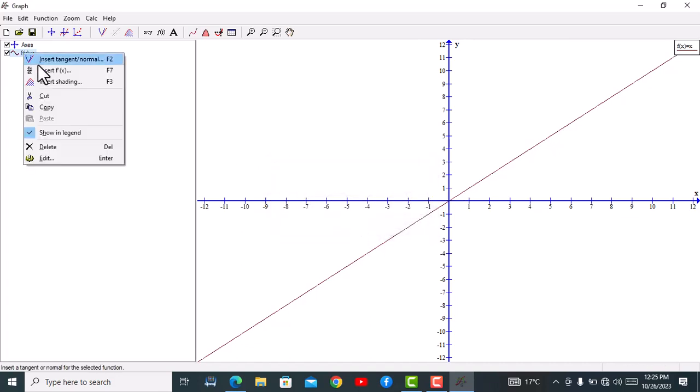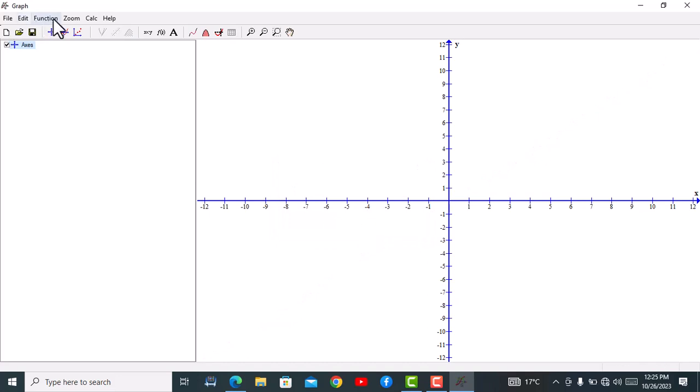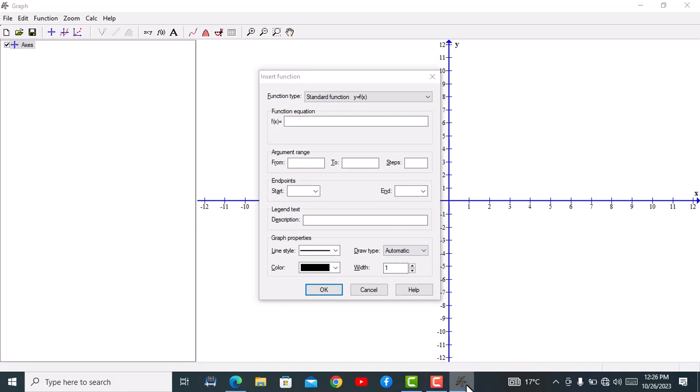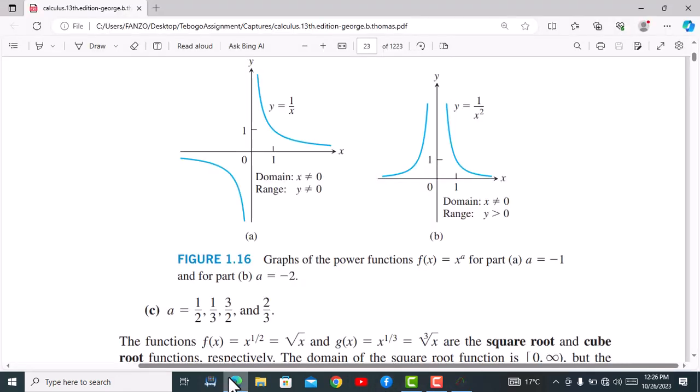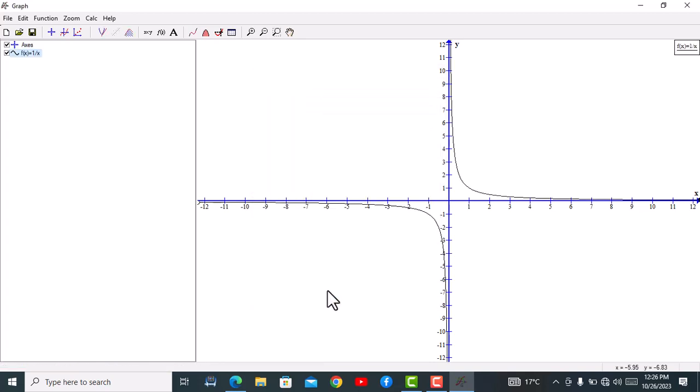Right, so let's have these functions just as we have them in there. y = 1/x. So let's just say 1/x, and let us just draw this. Start with that and end with that.